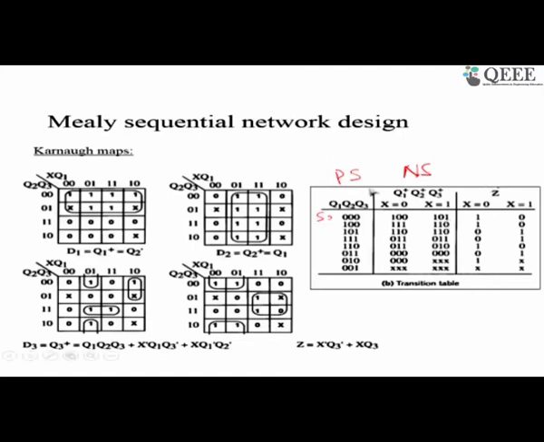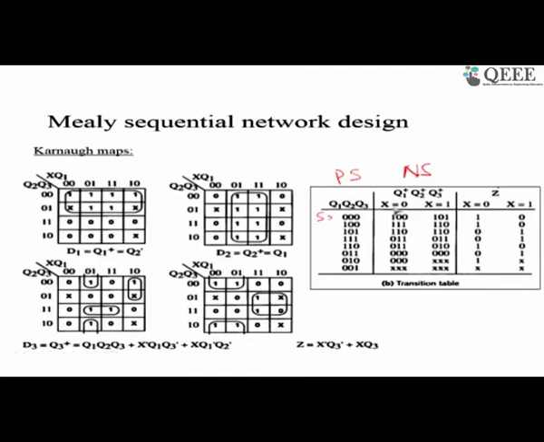Accordingly, we can construct a K map for Q1 plus, Q2 plus, Q3 plus and Z and realize it. There are 4 inputs, Q1, Q2, Q3 and X, so we need a 4 variable K map. You can put X and Q1 here, Q2 and Q3 here, find the combination of X and these 4 and find the corresponding value of Q1 plus and put it here.